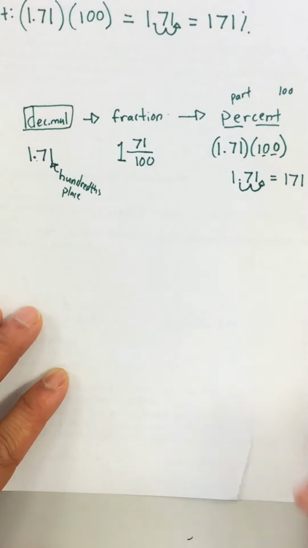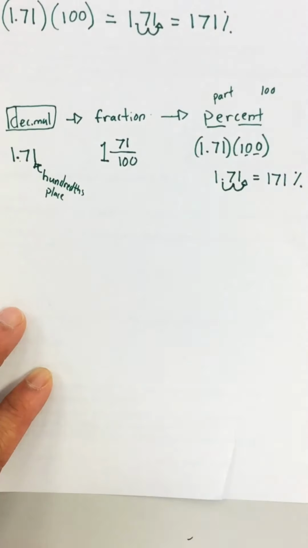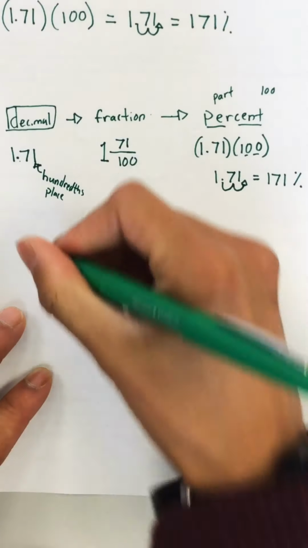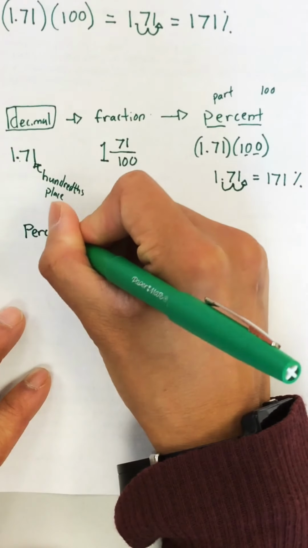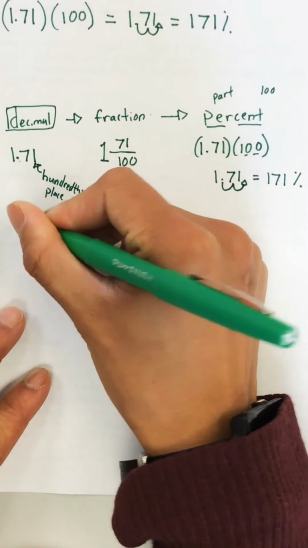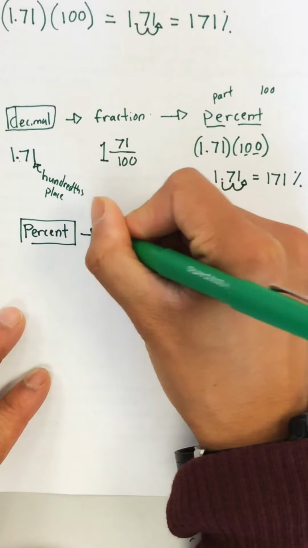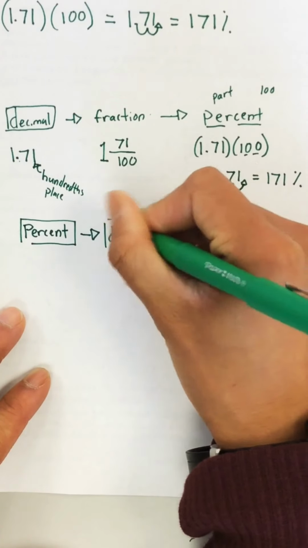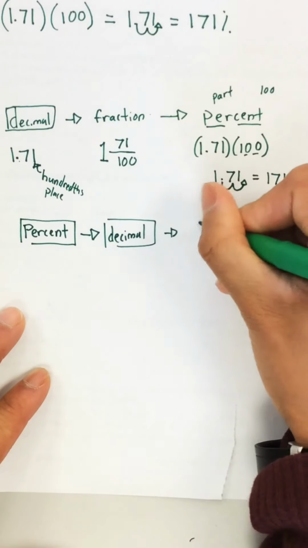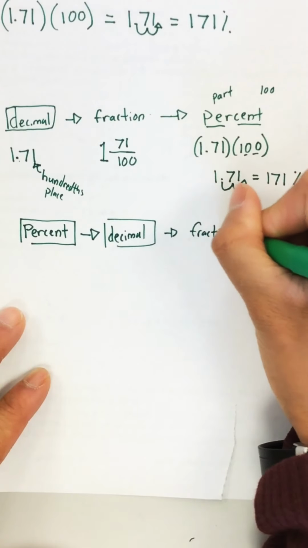So what if I wanted to calculate percent to decimal to fraction? So if I had a percent, if I started with that, and I'm trying to go to decimal to fraction, what do I do?